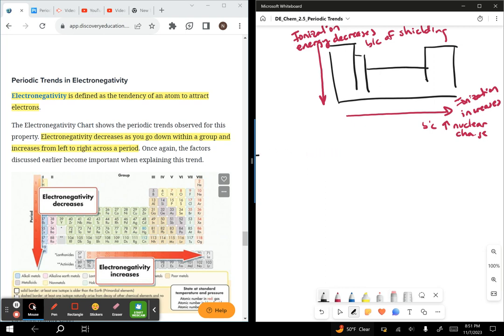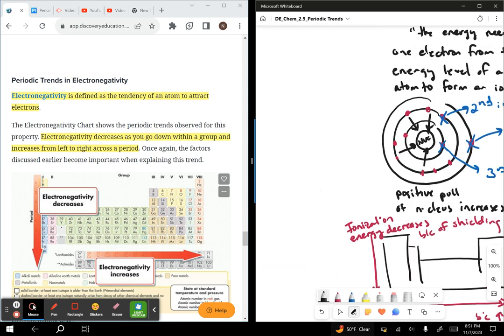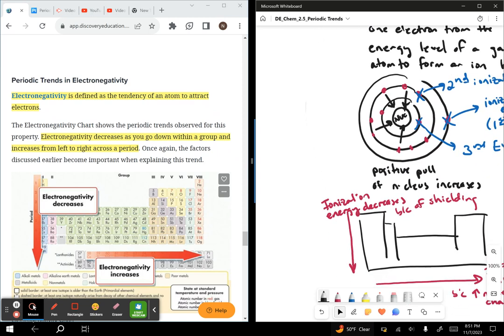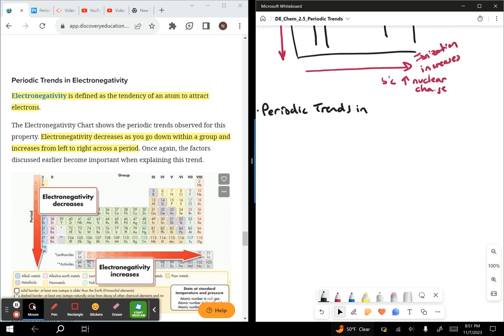And I believe we're going to be on number 6 now: periodic trends in electronegativity. What is electronegativity?